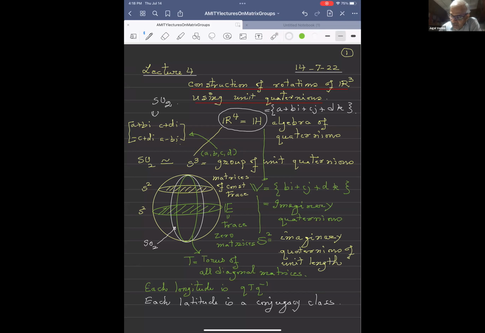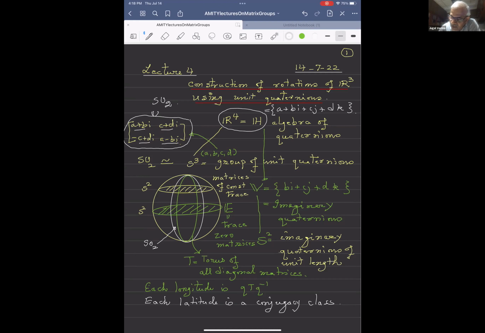The way I have made these entries, you can check that this is a 2 by 2 unitary matrix of determinant 1. So it's a member of SU2, and every member of SU2 can be written like this. That is a small computational exercise for you.